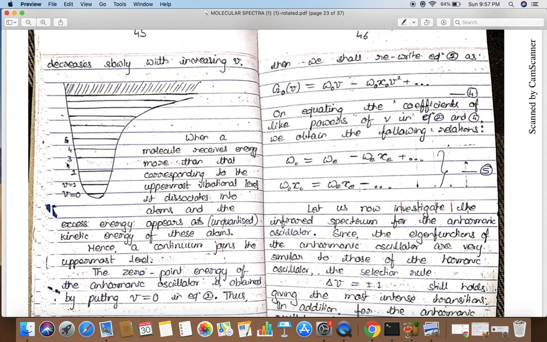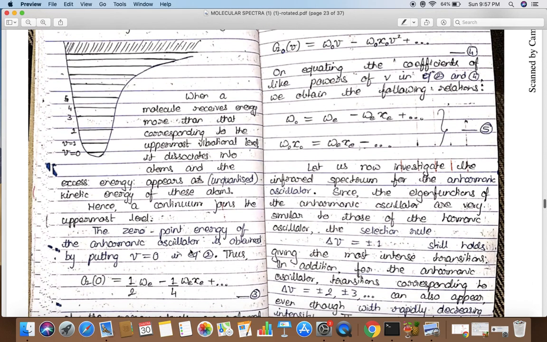When a molecule receives energy more than that corresponding to the uppermost vibration level, it dissociates into atoms, and the excess energy appears as unquantized kinetic energy of the atoms. Hence a continuum; the continuum joins the uppermost level.